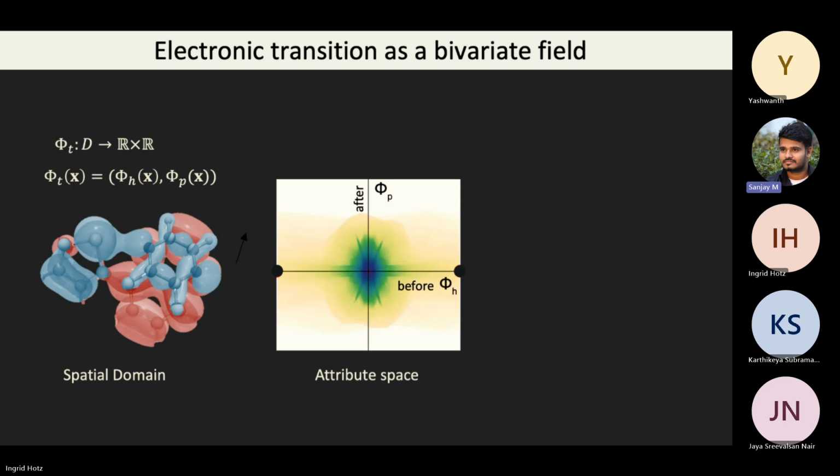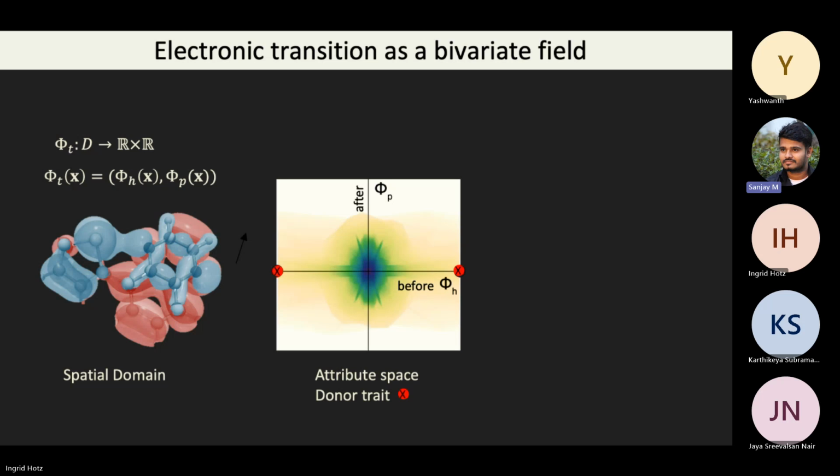In these parts, there is some density after, but before density is zero. This is exactly what chemists are interested in. And this is the question: which areas in my molecule are dominating charge, so giving charge away through the interaction, and which parts are accepting.